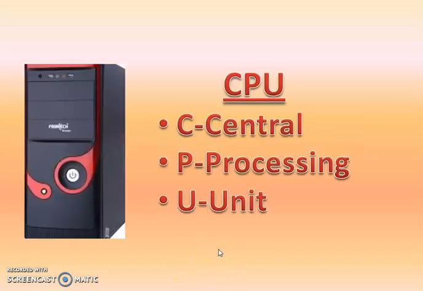This processing device is the CPU, meaning C is for central, P for processing and U is for unit. That's why collectively it is called CPU. CPU is a unit which works in between the input unit and output unit, and all the input and output units are connected through the CPU.